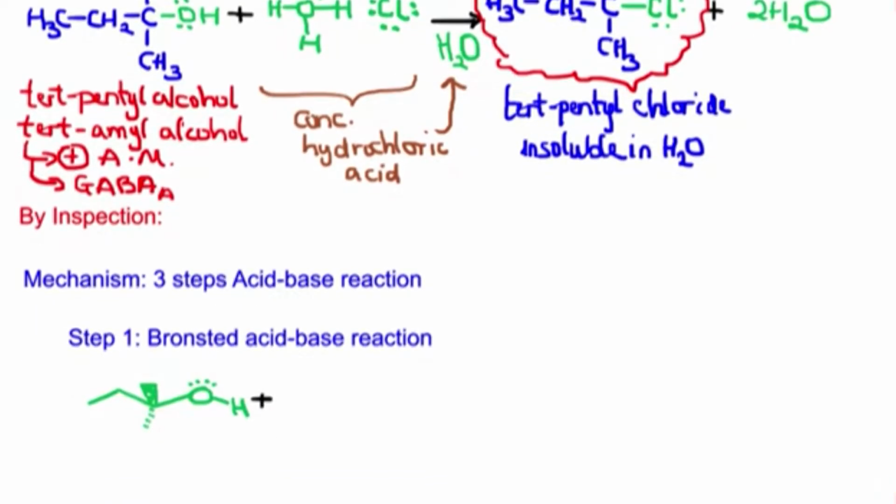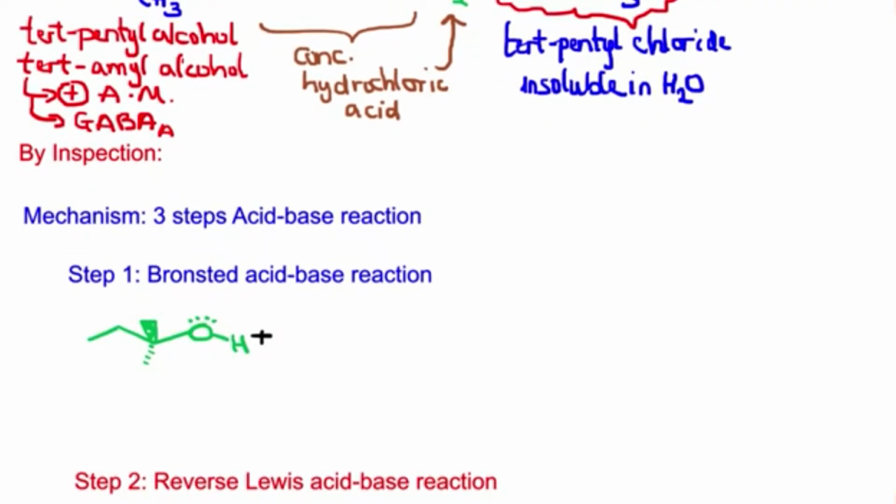Now, this leads to the formation of 2 water molecules. By inspection of this reaction, the main product is gotten from a substitution reaction where the chloride is in the place of the hydroxyl group, as you notice from that particular equation.